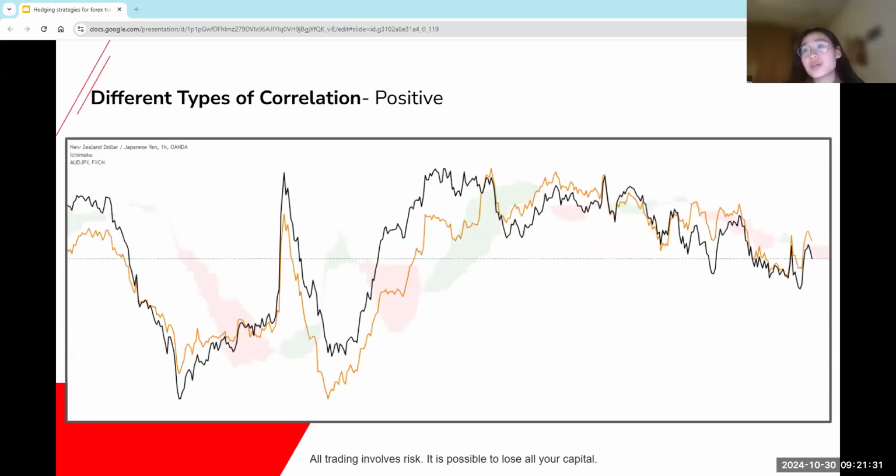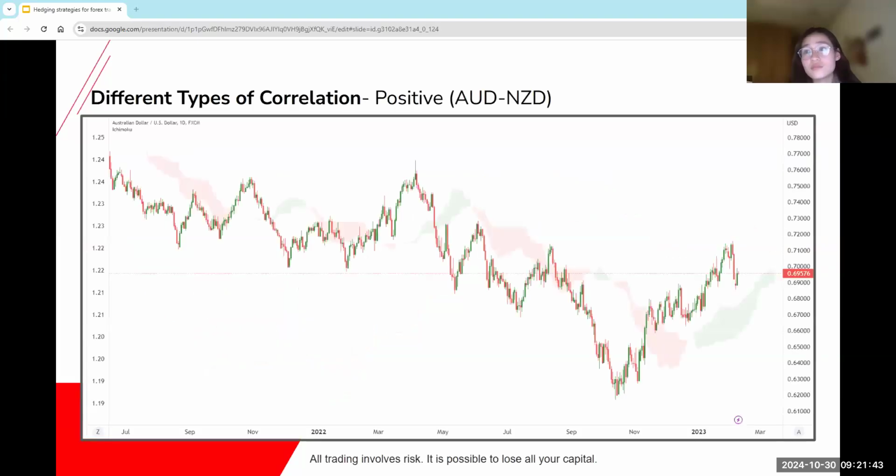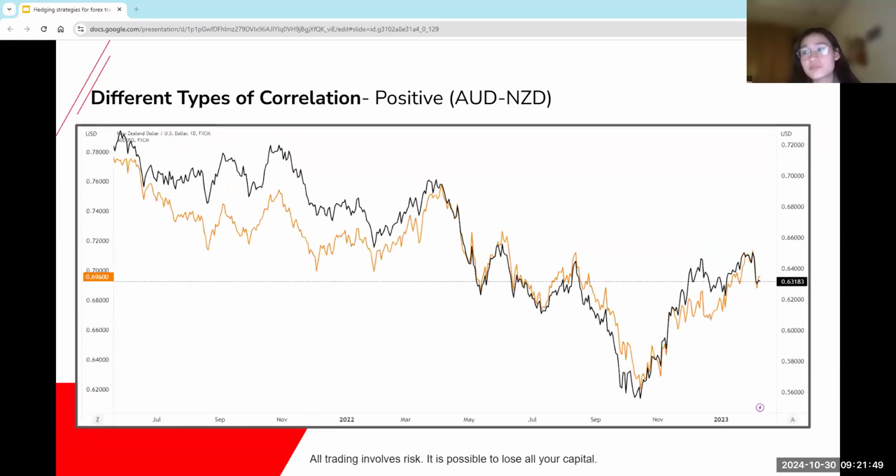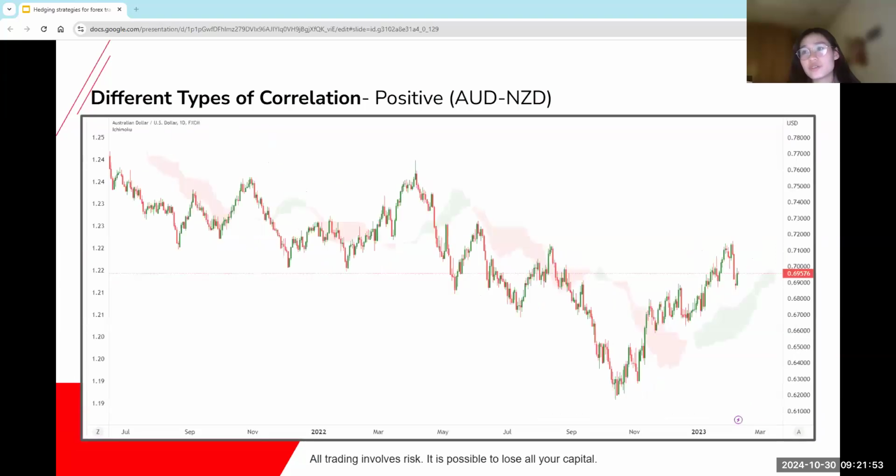Another example here we have Kiwi yen and Aus yen. As I mentioned earlier, Aus and Kiwi are historically pretty closely related as well. So again, this is on TradingView.